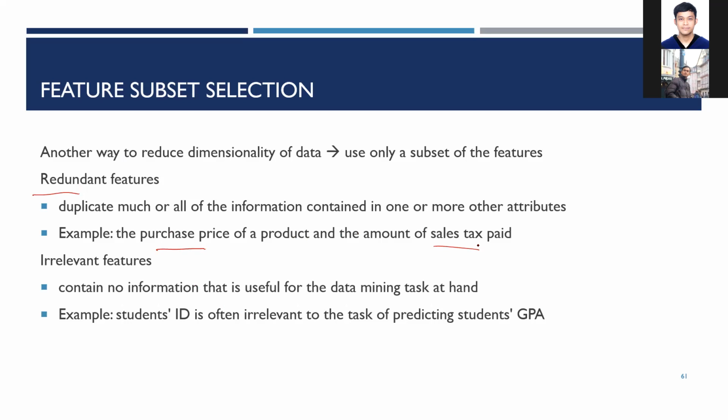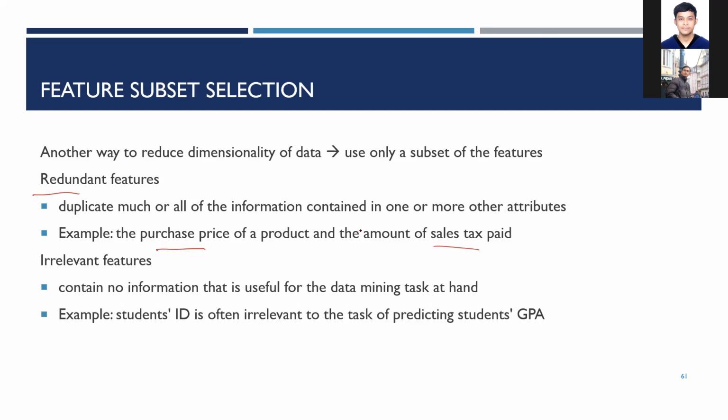Although these two have different data, one about the price and one about the tax, both of them give relatively the same information. So it is redundant information, redundant features. We can choose one of them.